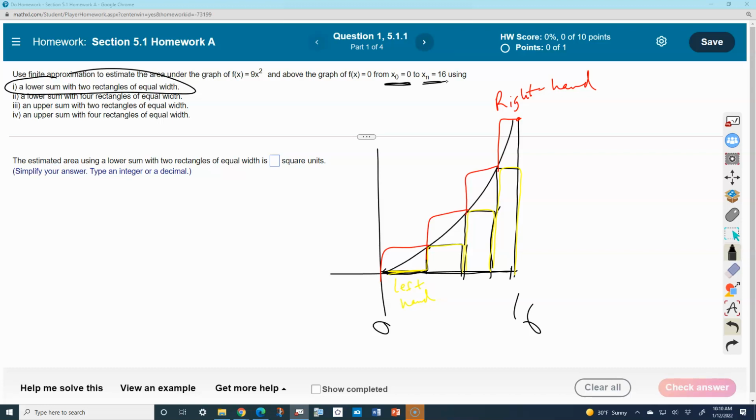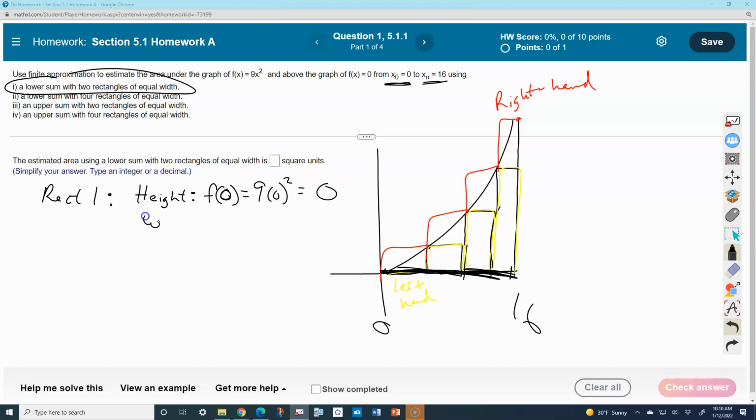All right, so if I'm going to divide that into two rectangles, then what's going to be the width of each rectangle if I divide that 16 just into 2? 8. So my first rectangle, the height is going to be f of 0, which is going to be 9 times 0 squared, which is 0.